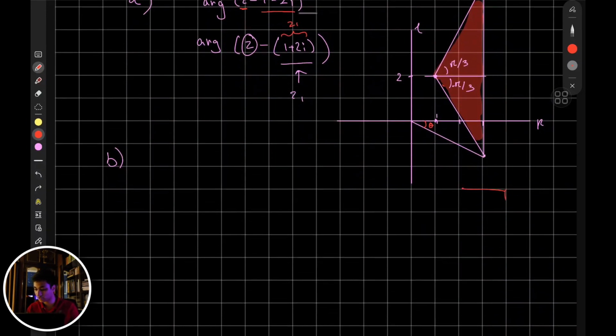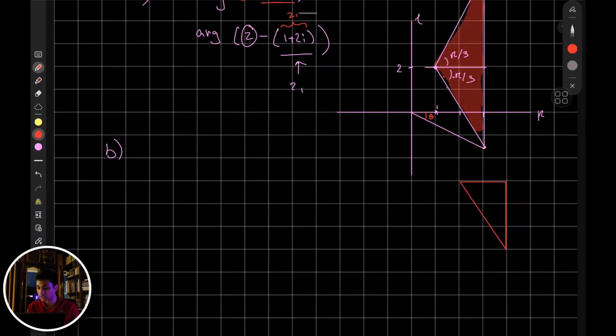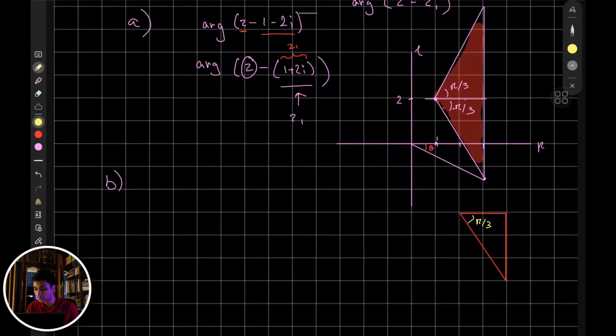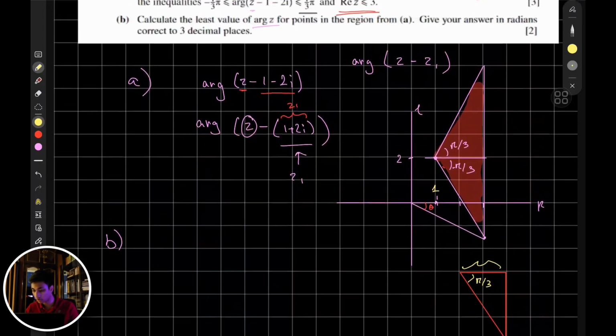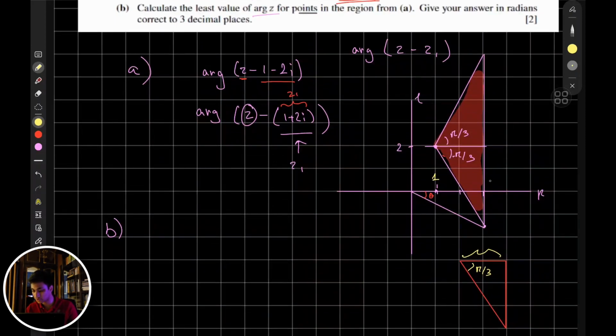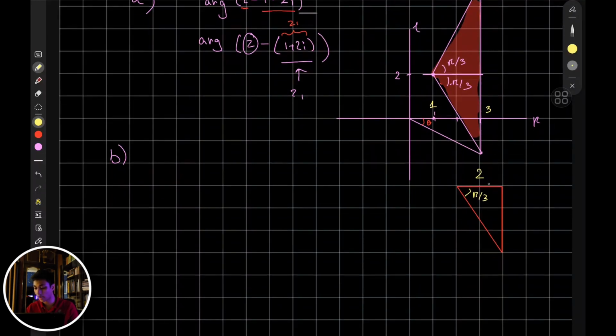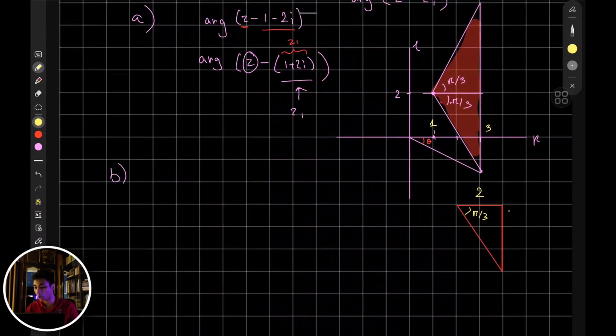If I draw this diagram again, this part only, this is pi by 3, where I know this length. Why? This is 1, and this is 3. So from 1 to 3, the distance is 2. So I know the adjacent. Do I know the opposite? No. This is what we are going to find out.